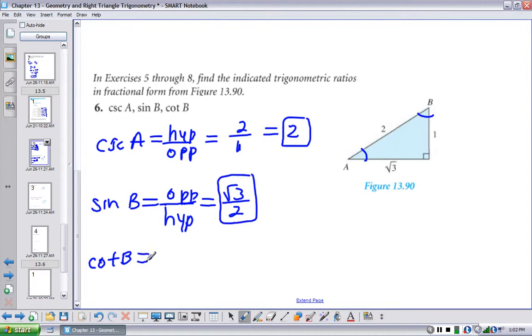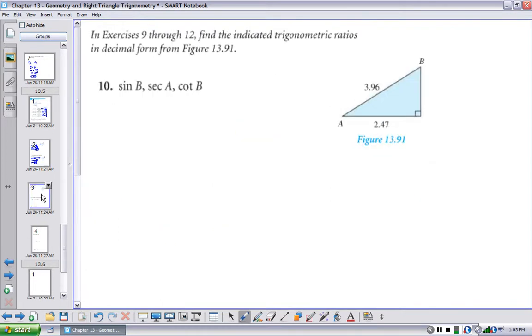Then we're looking at cotangent of B. Cotangent is adjacent over opposite. Now we're looking at the angle B. The adjacent side is 1. And the opposite side is the square root of 3. Okay? So as I said, these are things that you're going to have to commit to memory. These trigonometric ratios.